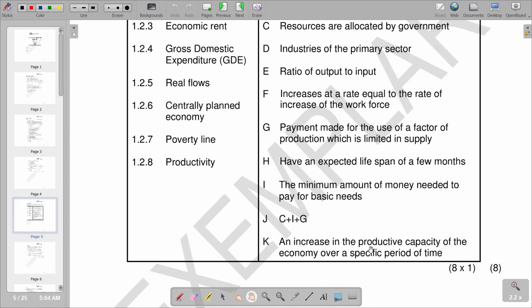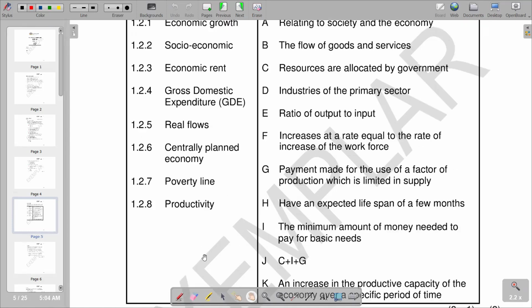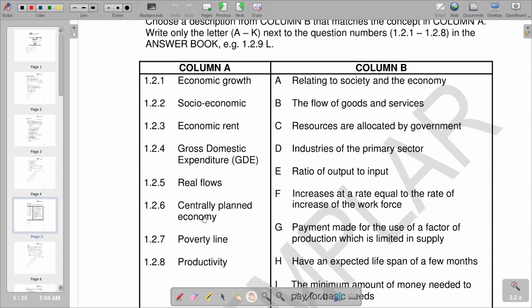Moving on to 1.2.2, socio-economic, which relates to the society and the economy, A is the correct response. Then 1.2.1, economic growth, our answer is K.